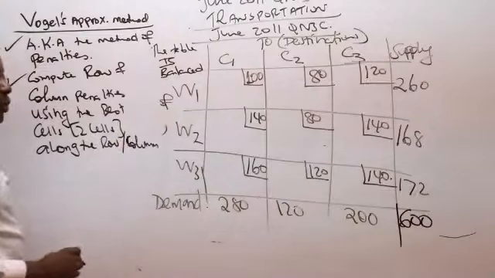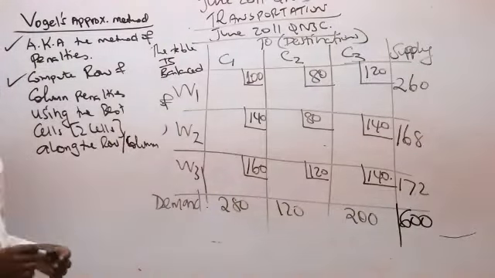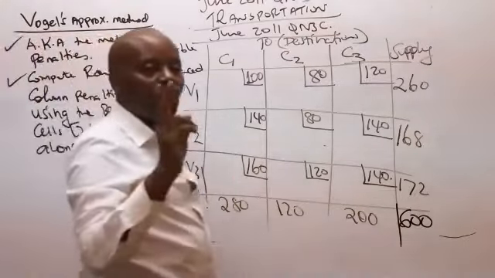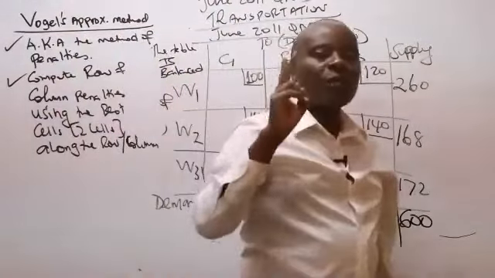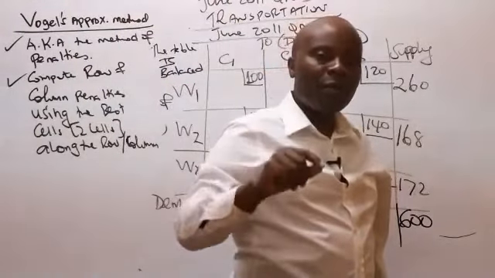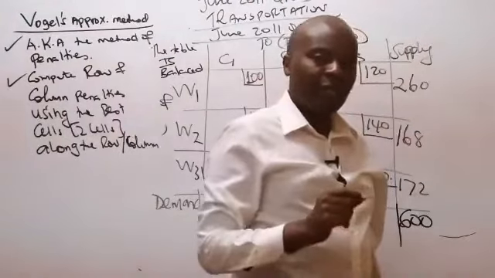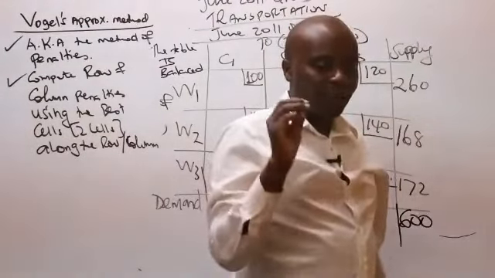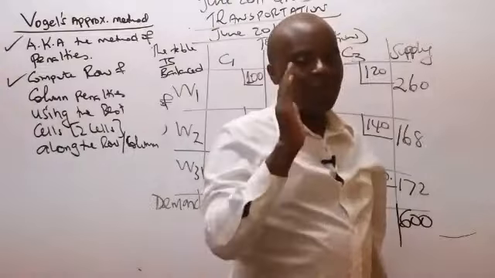So you go to each row and each column selecting 2 cells, which happen to be the very best.